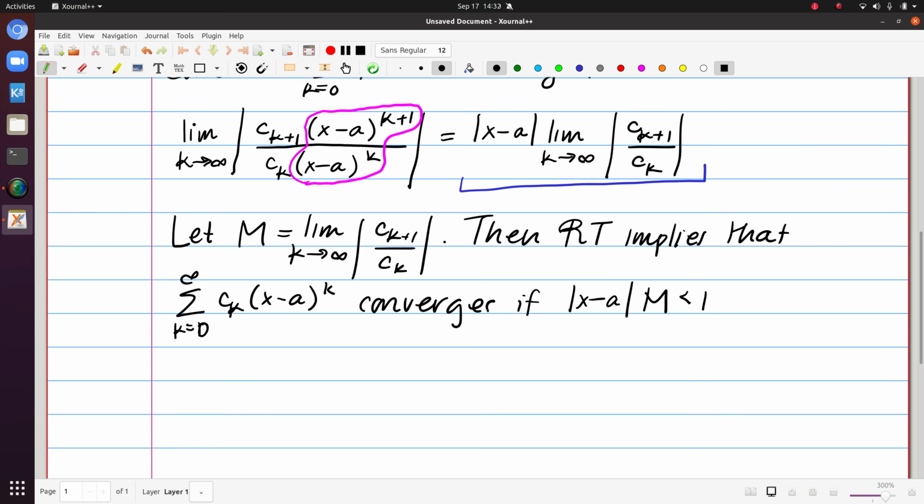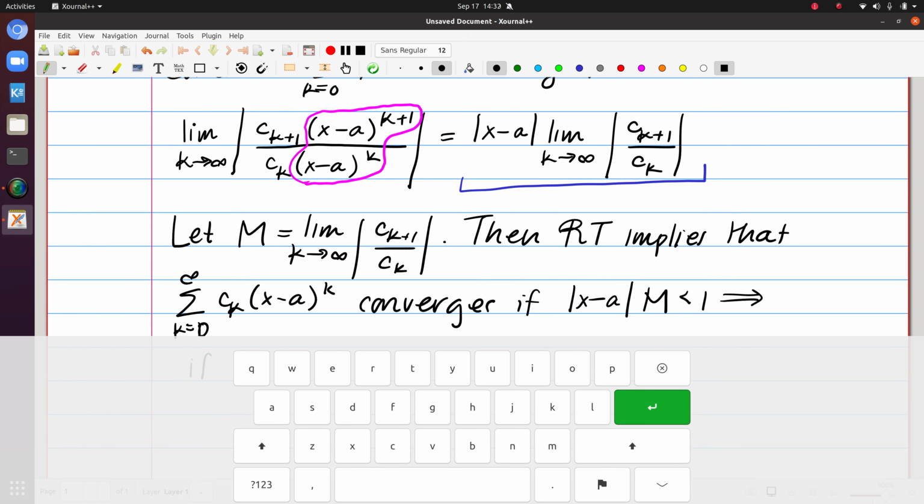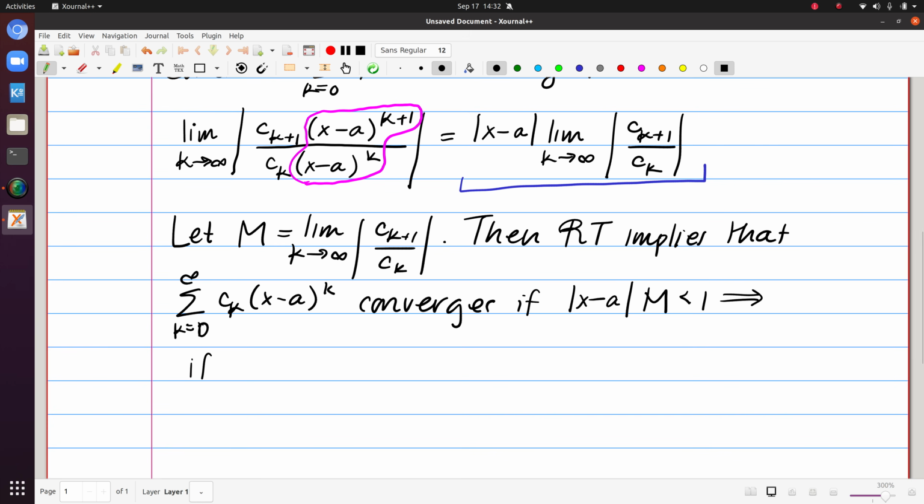That's what the ratio test gives us. So I can rearrange this to say that this happens if the absolute value of x minus a is strictly less than 1 over M.